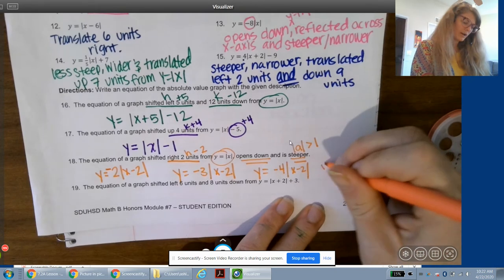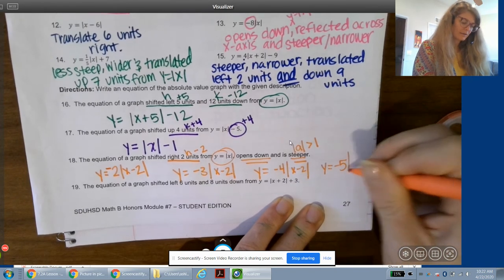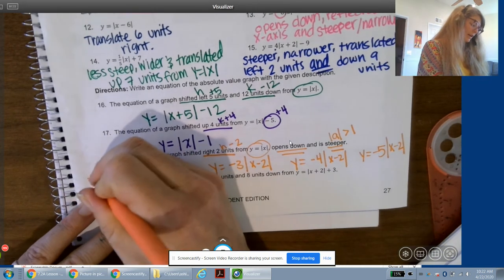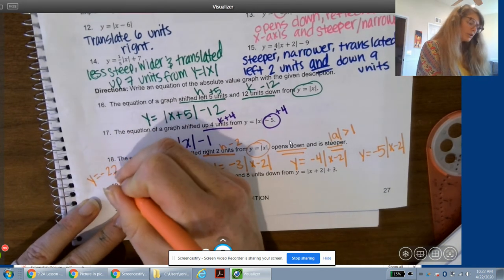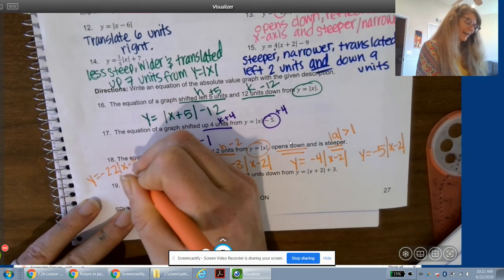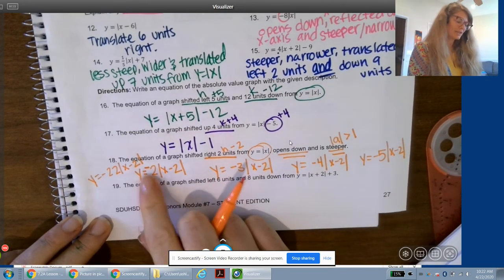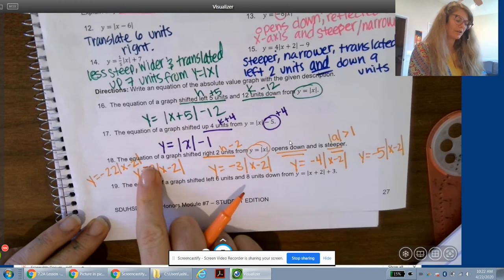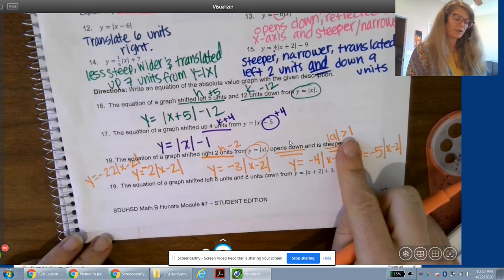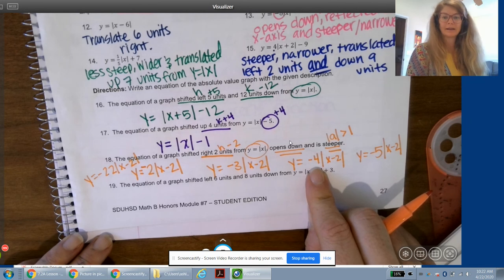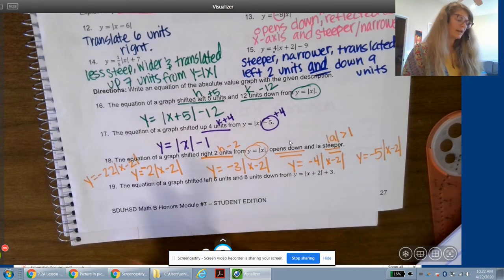You could have Y equals negative 5, absolute value of X minus 2. You could have, you knew it was coming, Y equals negative 22, absolute value of X minus 2. So thinking about that, just as long as the absolute value of your A is greater than 1, or you can say just that A value is less than negative 1. Cool.